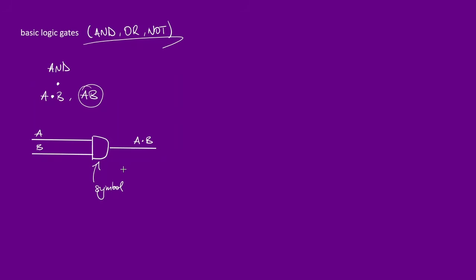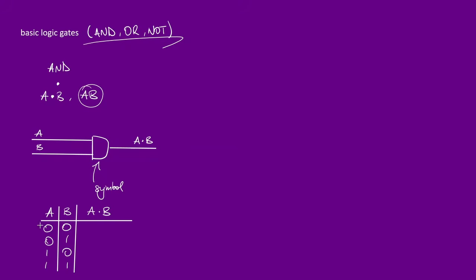All right. And what this AND does is that it tells us, let's say we have A, B, and A and B, drawing each input case: 0 0, 0 1, 1 0, and 1 1.